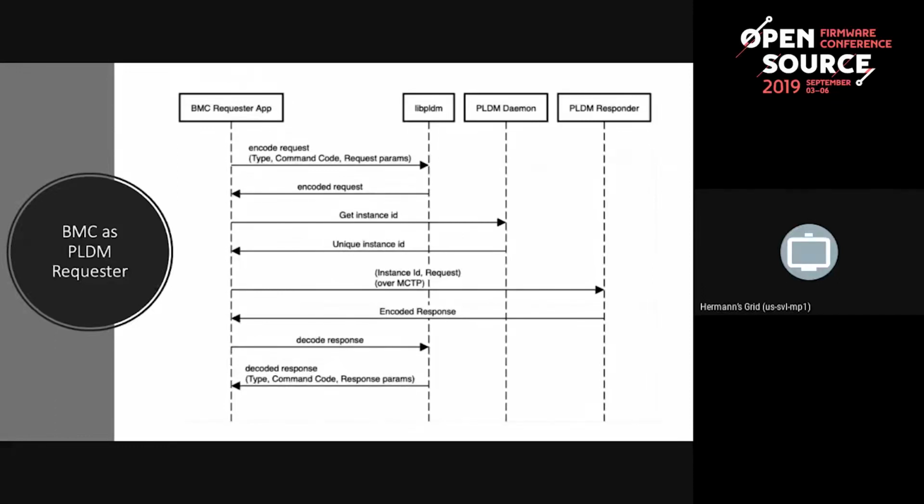Once that's done, the requester application, again over MCTP, sends out the PLDM request message to the responder, which, for example, could be a device connected over SMBus or PCI. The device serves the PLDM request message and sends back a PLDM response, which again has to be decoded, and the requester app can then deal with the actual payload in the response message.